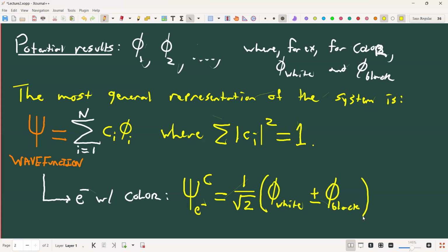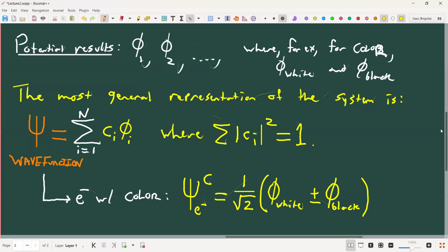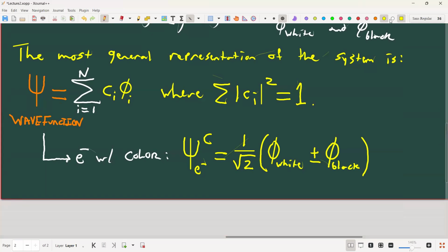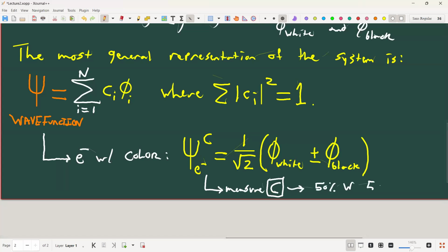They're equal. And as we'll see, this means that when you measure color with the color box, you are guaranteed to get 50% white and 50% black. This is the only way, mathematically, that you get this result, and everything is consistent.